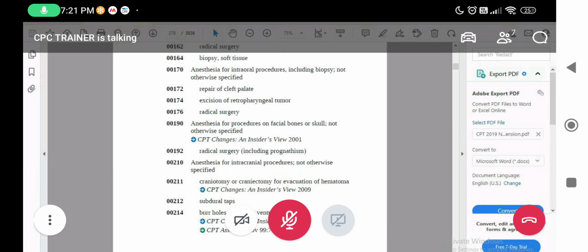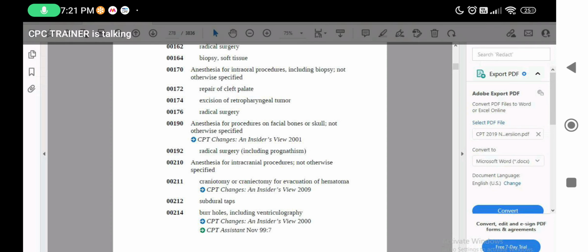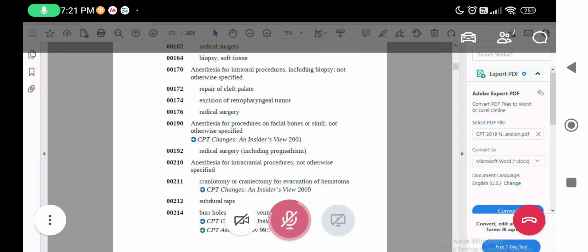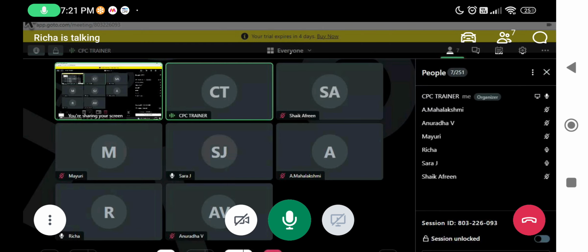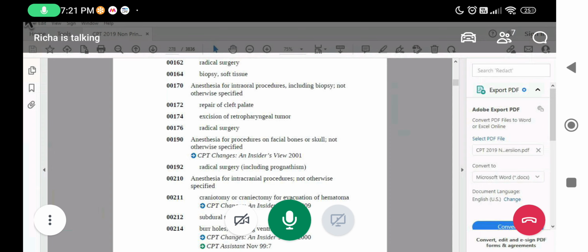Okay, Richa, can you please try how to read 00172? Anesthesia for intraoral procedure, including biopsy, repair of cleft palate.